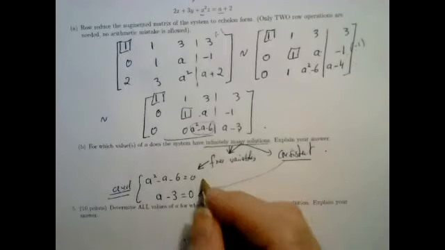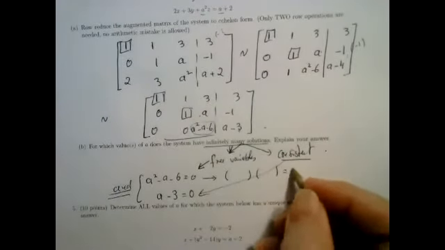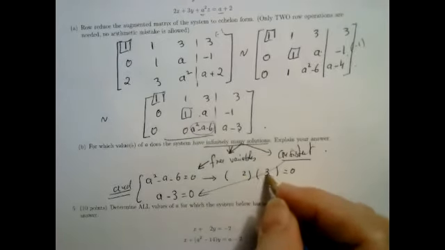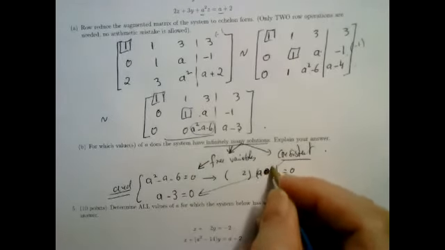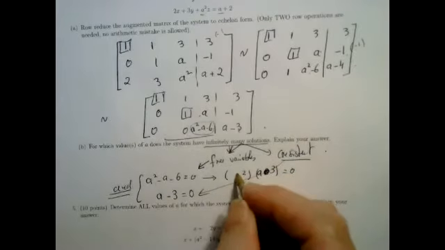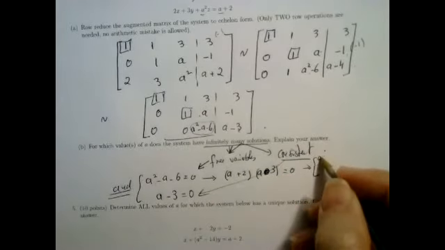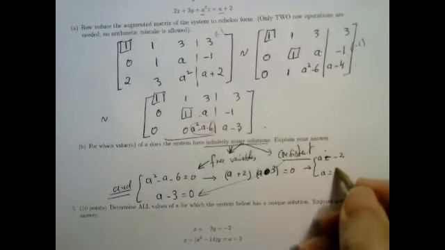So now we find, how can this guarantee? So, okay, this is equal to 0. I factor this out. That gives me a 2, and that gives me, let's see, this is a minus 3, because there is a minus a here, and this is the a plus 2. So this will guarantee a equal minus 2, a equal to 3.